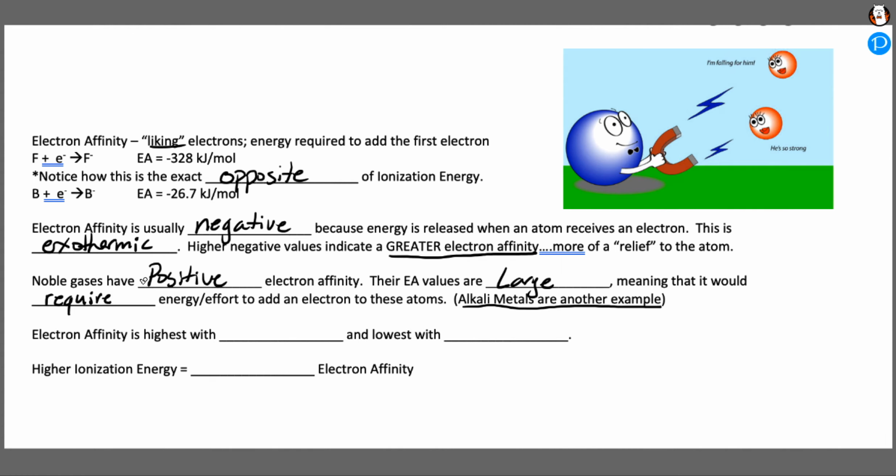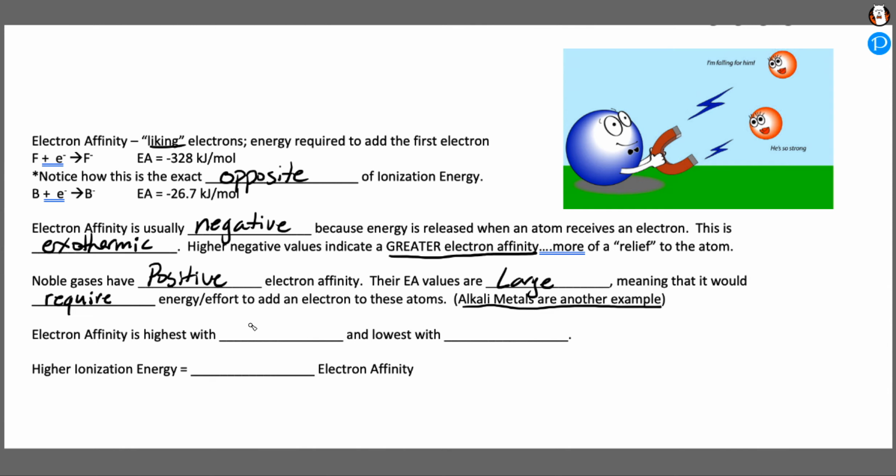And so it would actually require energy for us to try to add electrons to either the noble gases or the alkali metals. The alkali metals want to get rid of electrons, and noble gases are already very stable with the electron configuration that they have. So they don't want to lose electrons, and they don't want to gain electrons. They are where they want to be, and so that's why their affinity values would be positive, because it would actually require energy for us to try to add electrons to that.